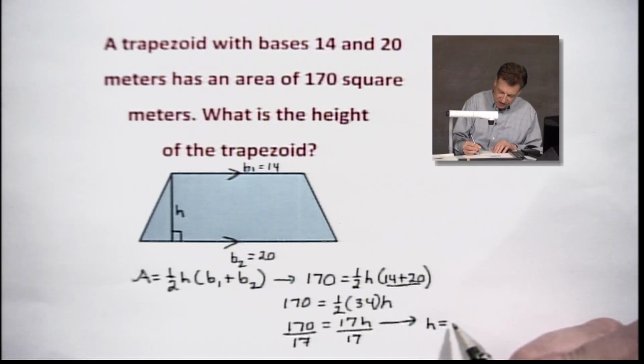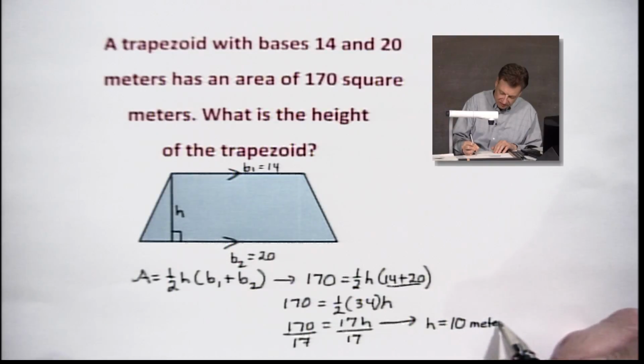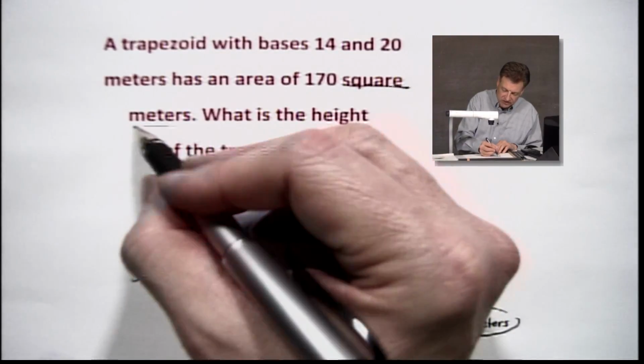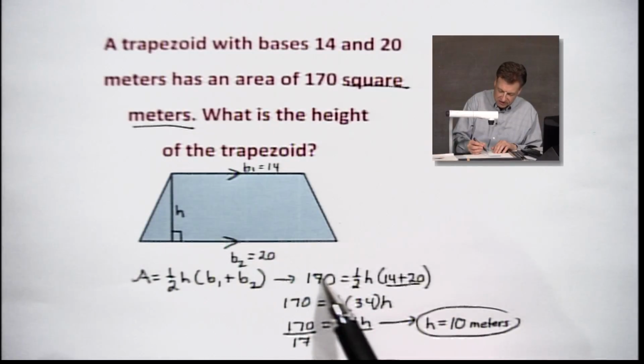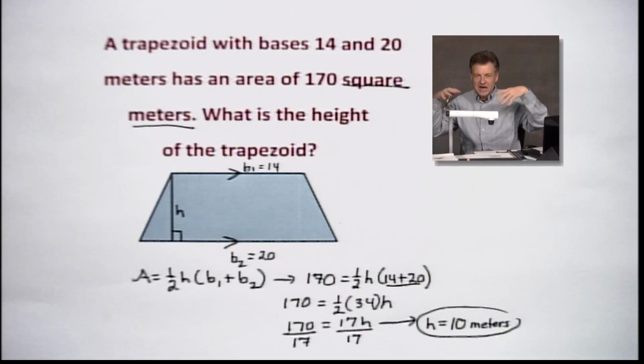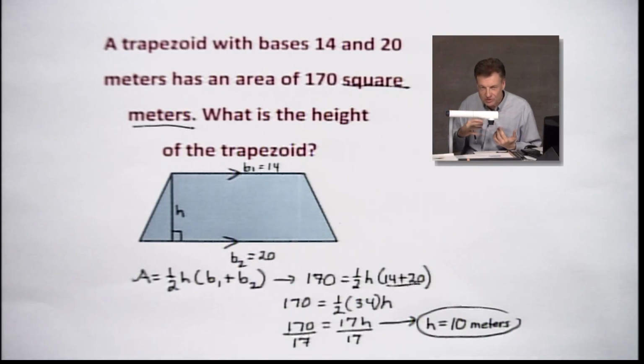We're going to tell you that h should equal 10. In this case, it'll be meters. Now notice our area was in square meters, the 170, that's where we start right there, square meters. These little guys were meters, so when you take meters times meters, you get square meters. That makes sense, doesn't it? M squared, m times m squared, measures the units in there.